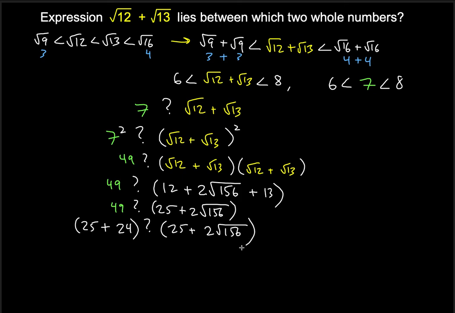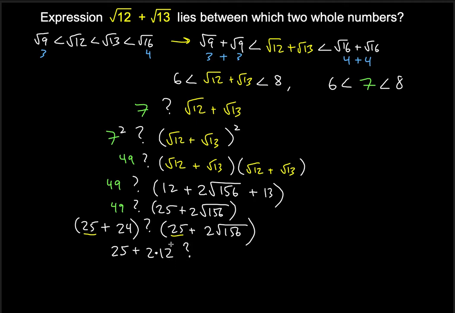So now what happens? Notice that these two are the same. So let's compare 24 and 2 times radical 156. Notice that we can express 24 as 2 times something as well. But 2 times 12, question mark.